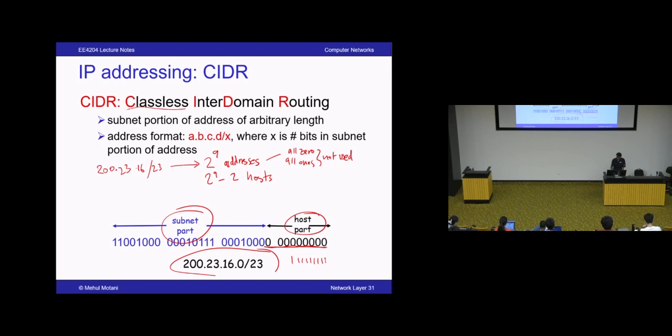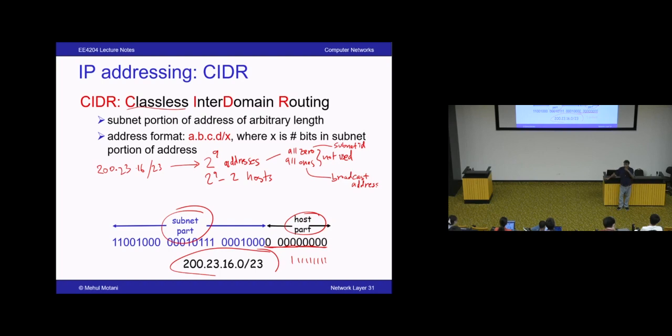So this one is the subnet ID, and this one is the broadcast address. Okay? What we mean by broadcast address is when you want to send to every node in the network, this is the address that you use.